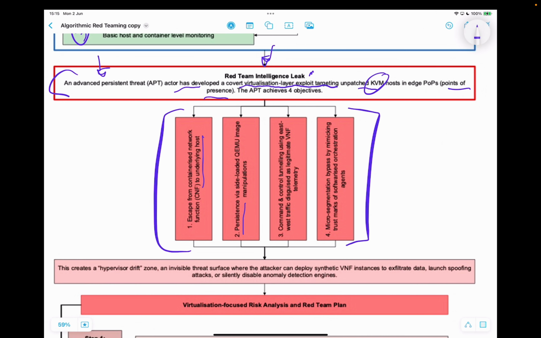Second, persistence with side-loading and QEMU image manipulation. Third, command and control tunneling using east-west traffic disguised as legitimate VNF telemetry. And fourth, micro-segmentation bypass by mimicking trust marks of softwarized orchestration agents.